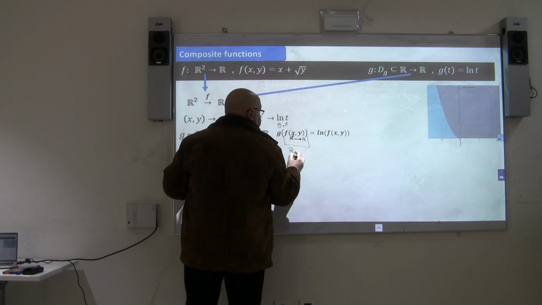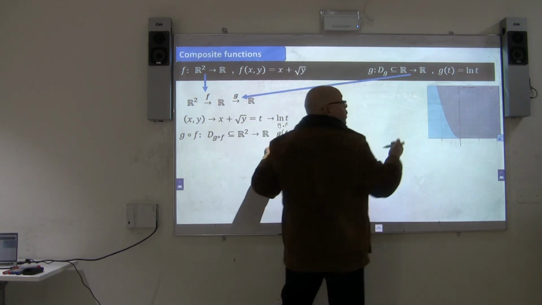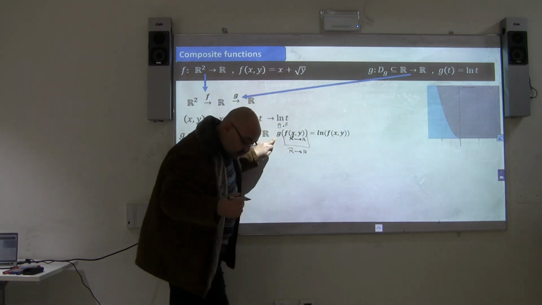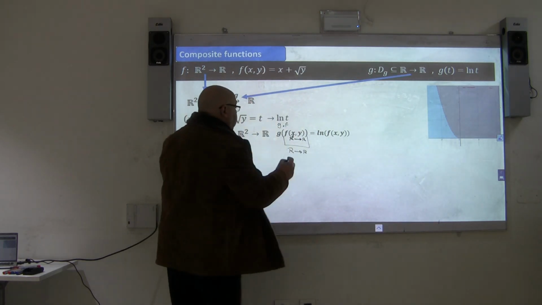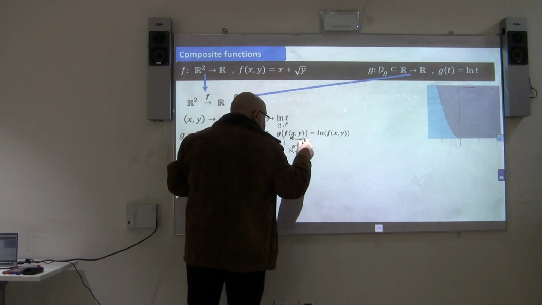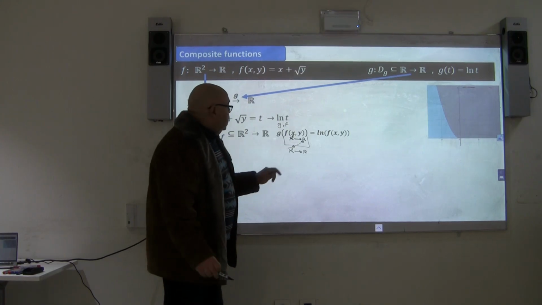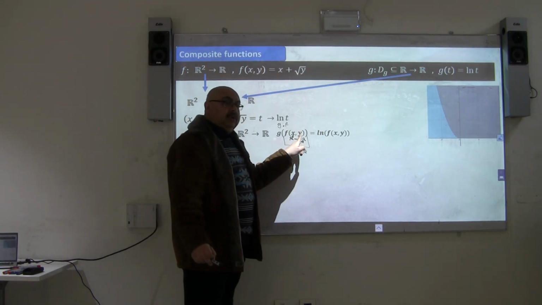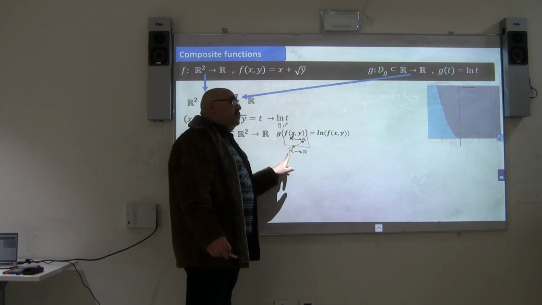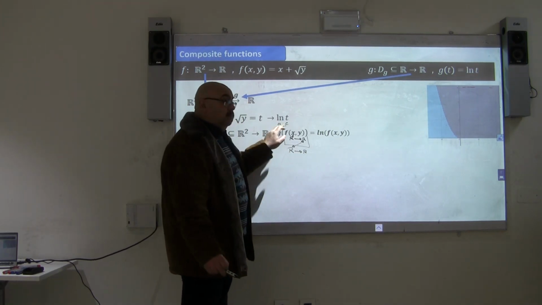The outer function is running from R into R. Look at G from R into R. Are you with me? Pay attention to this point very well. These two values must equal each other, which means the range of the first function is the domain of the second one. Do you understand me, Omar?